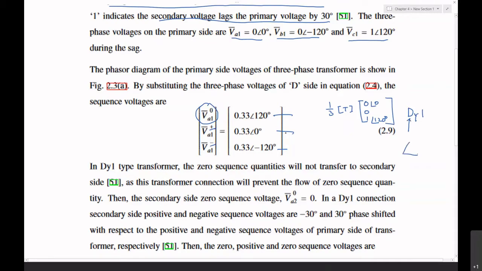The star side doesn't have a neutral either. So the zero sequence components will not transfer to the secondary side, as this transformer connection prevents the flow of zero sequence quantities.